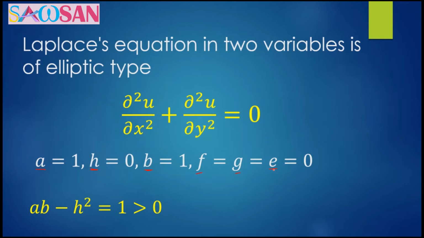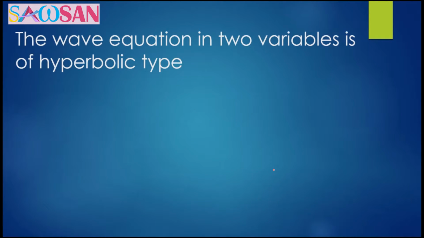So ab − h² = 1, which is more than 0, and Laplace's equation in two variables is of elliptic type.